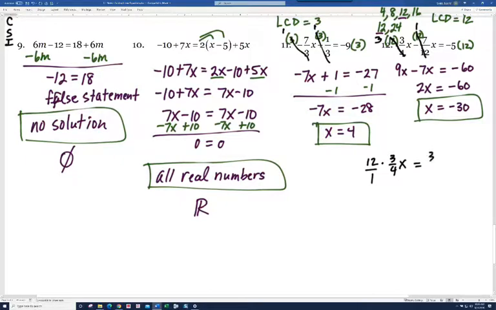We get 36 over 4x, which is 9x. So that's kind of the long way to do it, but we still get the 9x that we got here. And if you do 12 over 1 times 7/12, now you can certainly cancel the 12s here. Otherwise, you're getting 84 over 12. And if you divide that, you get 7.